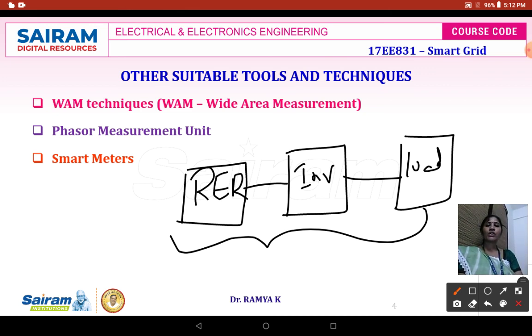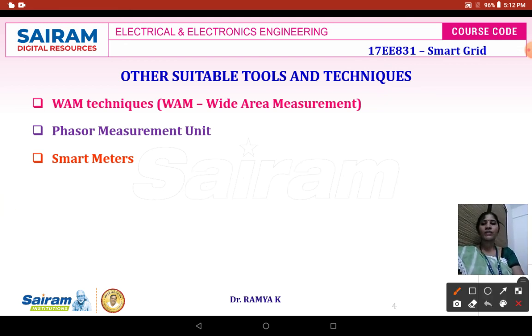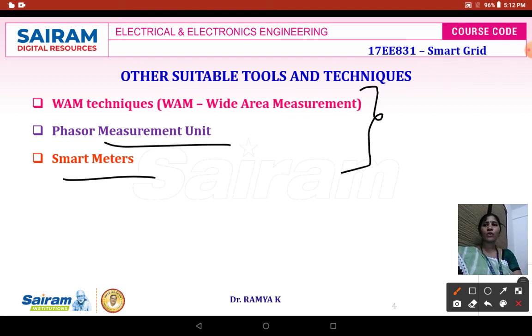The tools we have stated here, that is WAM technique, phasor measurement unit and smart meters, are capable of analyzing the voltage stability from simple static technique to complex dynamic model. Because of that, we are going to focus on these three models, that is WAM, wide area measurement, phasor measurement unit and smart meters.